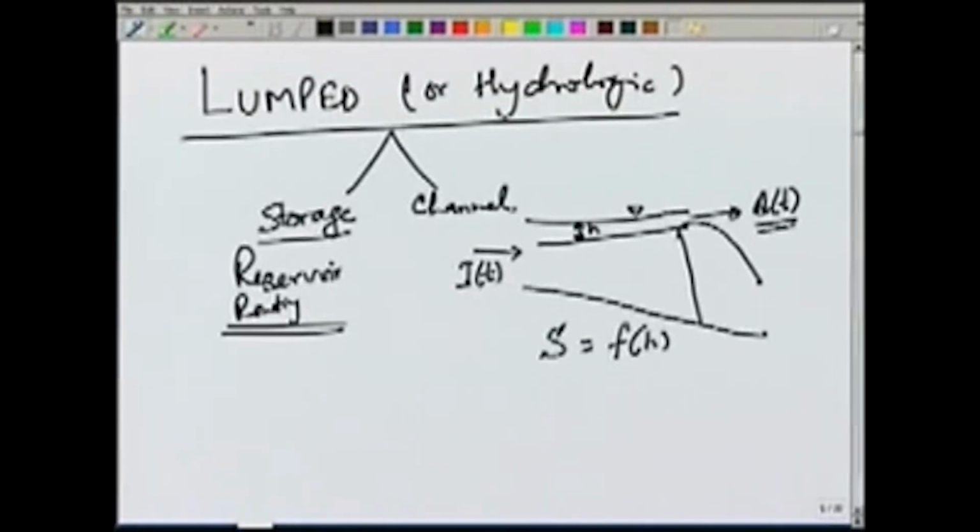Let us call H from the top of the spillway, so that when H is 0 there is no outflow, but we can relate this H, we can take the H from the bed of the channel also, but for our purpose we will take H as the variable.